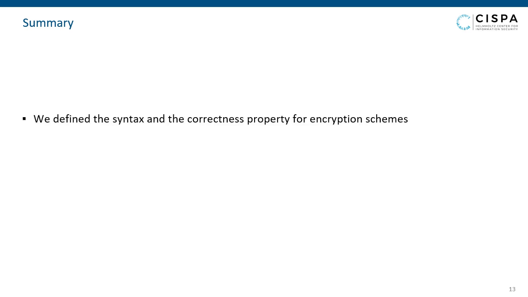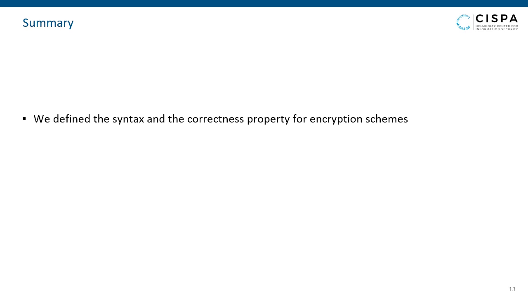To sum up this lecture, we've introduced the syntax of encryption schemes, namely the algorithms it comprises, and defined the notion of correctness. And I remind you, without correctness, encryption schemes are essentially useless, because if you have a scheme that's not correct, then encrypting a message amounts to the same as just throwing the message away.